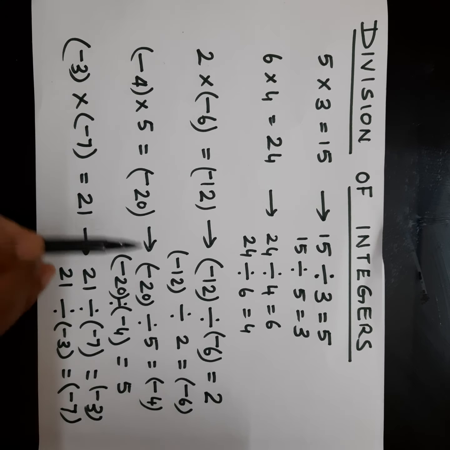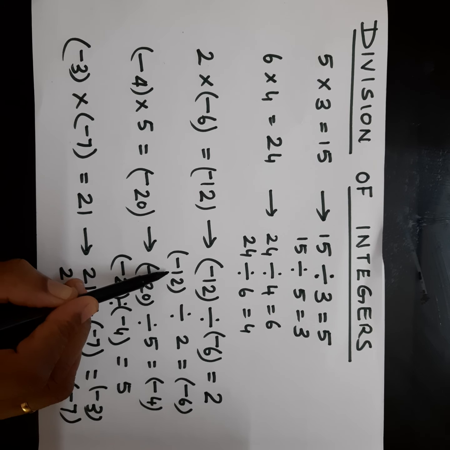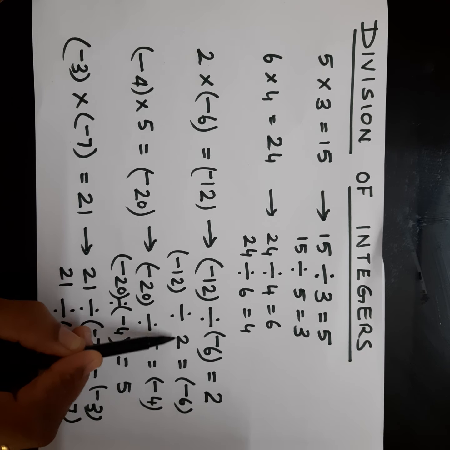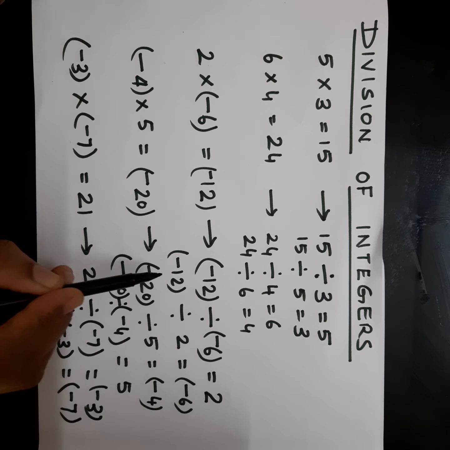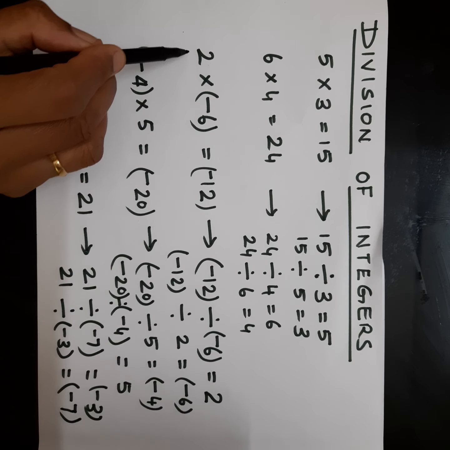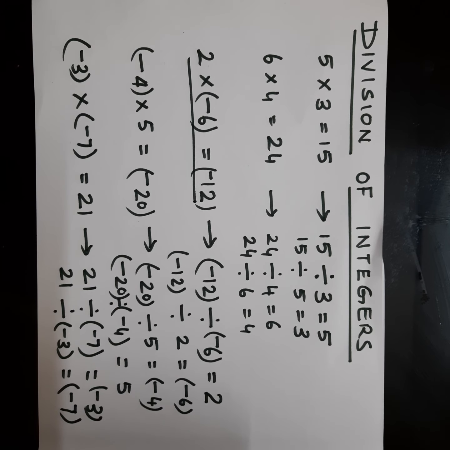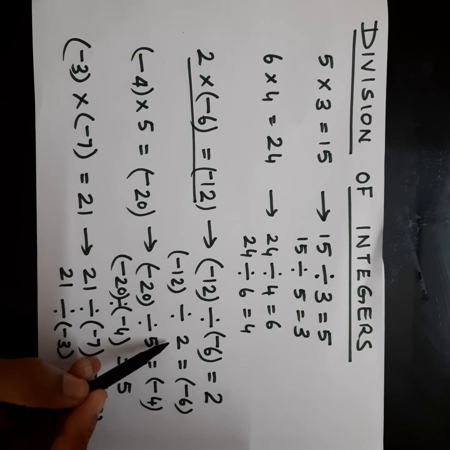Okay. Here the second fact is minus 12 divided by 2. Here also see the quotient is negative. Why? Because here there is one negative. We are writing this on the basis of the multiplication statement. From the multiplication statement we can write two division statements.